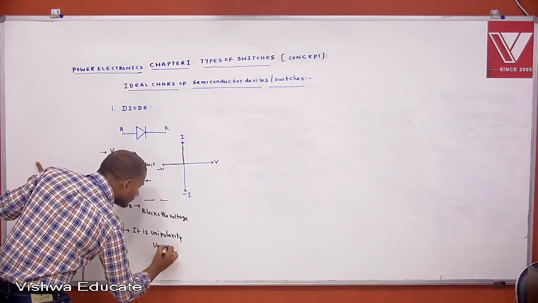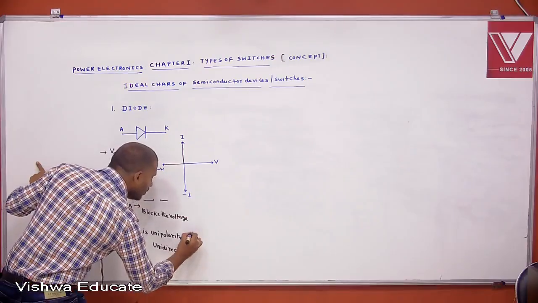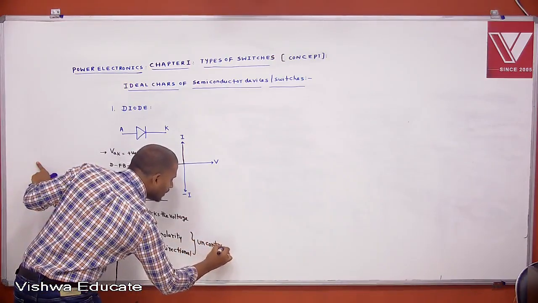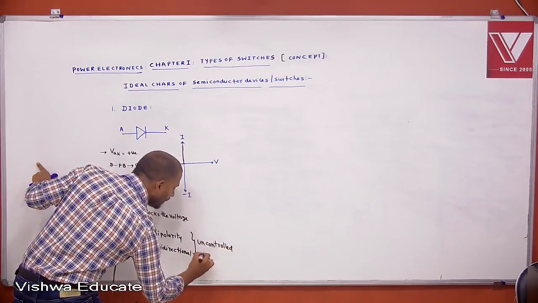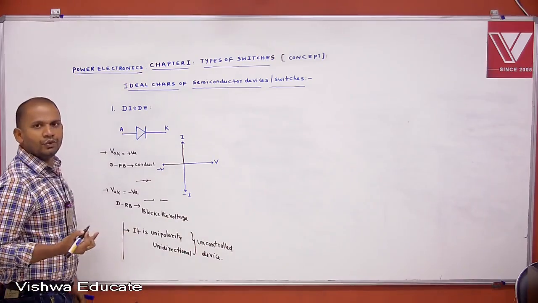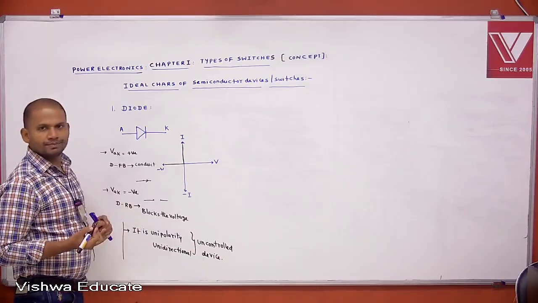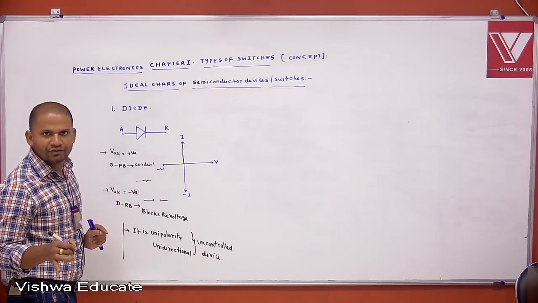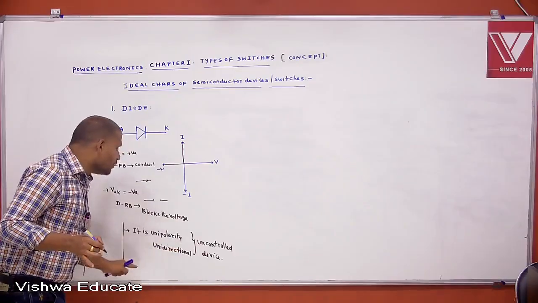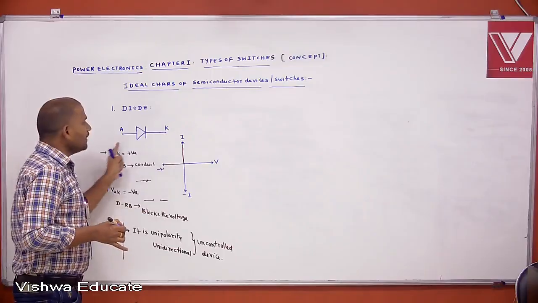Unidirectional. Uncontrolled device. It is a unipolar, unidirectional, uncontrolled device. It blocks only one polarity of supply and allows current only in one direction. This is the ideal characteristics of a diode.